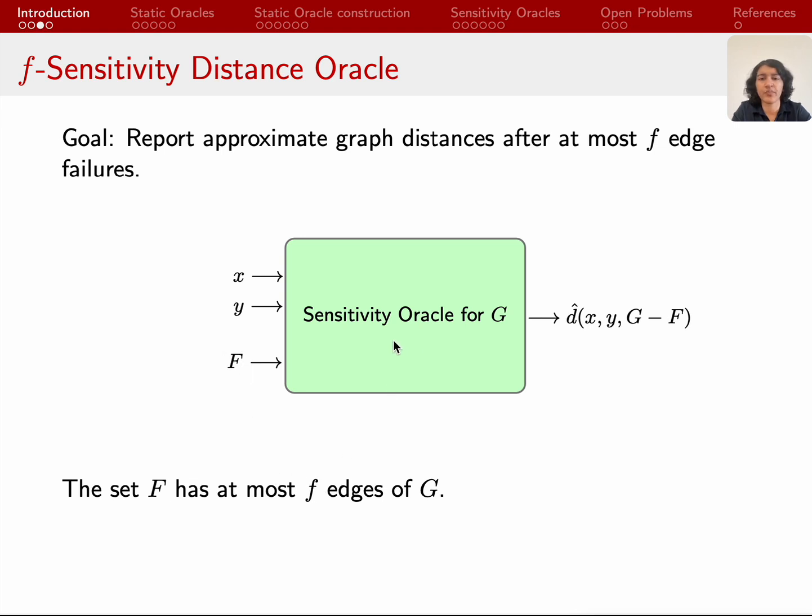Now the oracle should output the approximate distance between x and y in the graph G minus F. The goals remain the same. The size of the oracle should be small. The time to report this approximate distance should also be small, and the stretch alpha beta should not be too large.